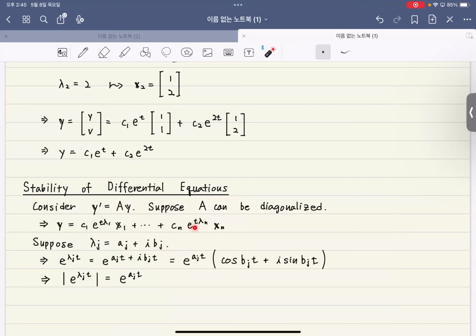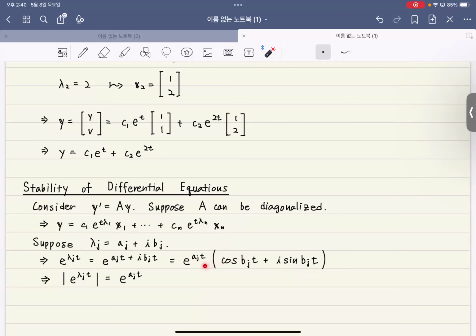Well, in order to find the solution, I will need to raise e to the power of lambda times t, the exponential function. So e to the lambda j times t is e to the ajt plus i times bjt. But according to Euler, this is e to the ajt times cosine bjt plus i times sine bjt.